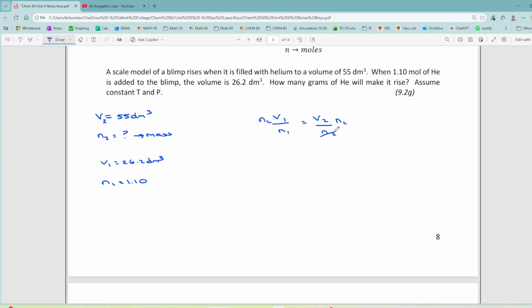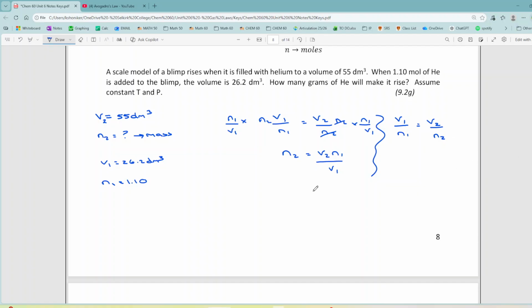And then I would end up wanting the N2 by itself, so I would multiply by the N1 and divide by the V1 to both sides. And you would end up with N2 is equal to V2 N1 all over V1. But again, if that feels just horrible, you put the values with numbers into this equation, and then you do what you can, and then you'll divide and multiply as needed.